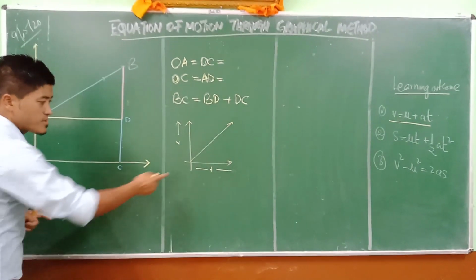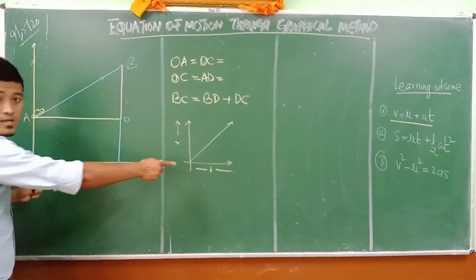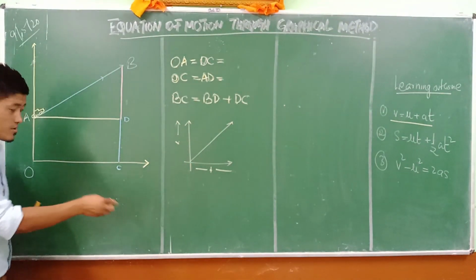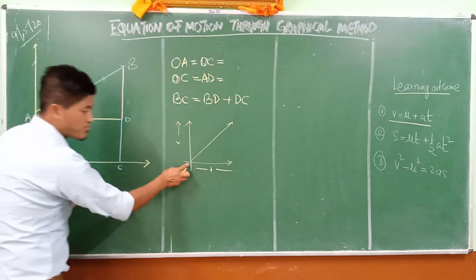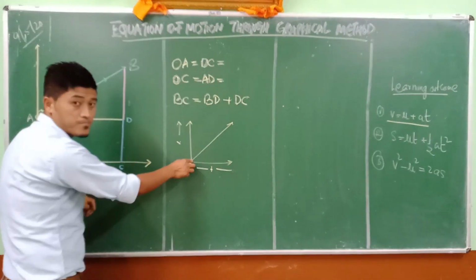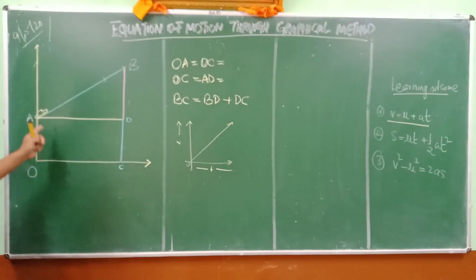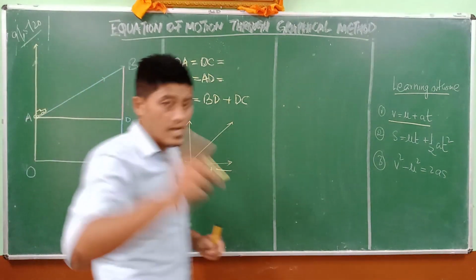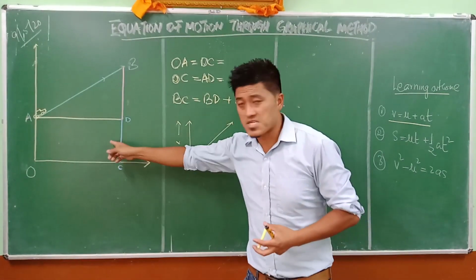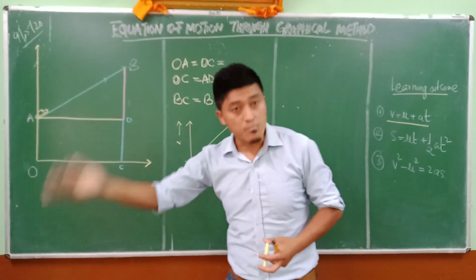Now what is the difference between this graph and that graph? The difference is the point of origin over here. In this case, the point of origin is A. In that case, the point of origin is O. So you might be thinking, what is the point of writing something like this? You have to understand that in this case, the object is already in motion.